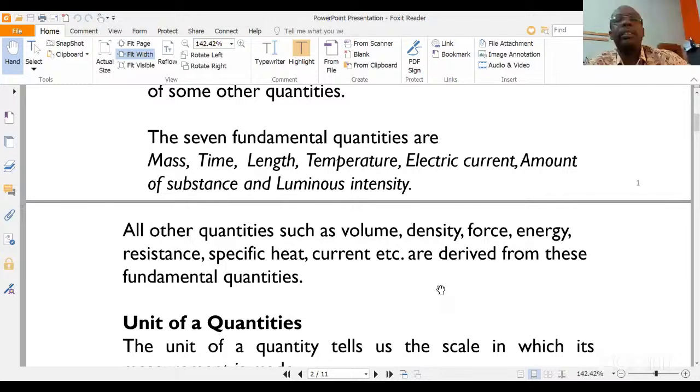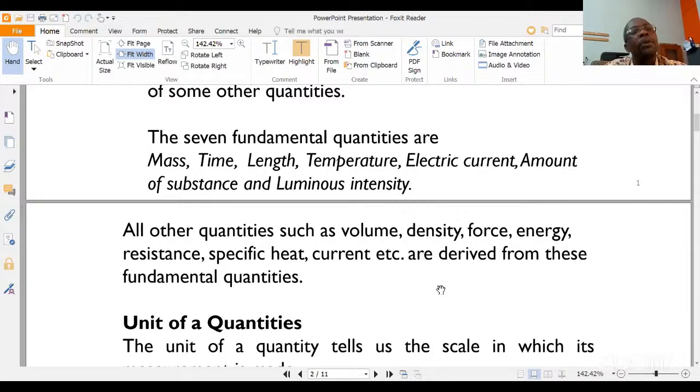Volume is length used to multiply itself 3 times. And if I can quickly mention now, maybe you will remember that when you are expressing the unit of measurement of volume, it's always going to be something raised to power 3, because it is one quantity you have used to multiply itself 3 times. And that quantity is length. So you have length times length times length, and that gives you volume.